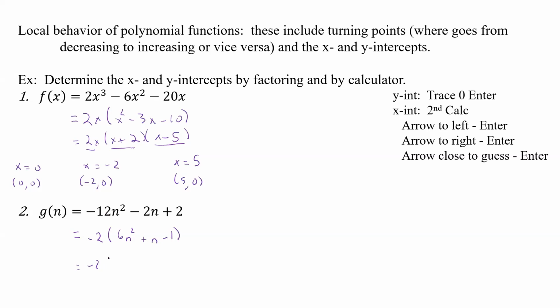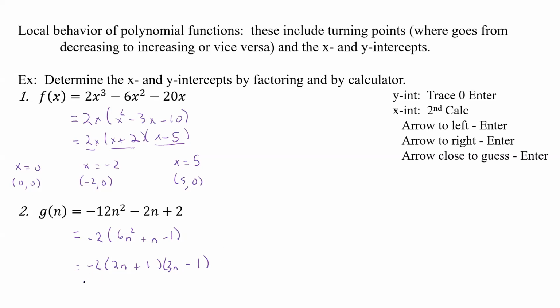Well, that's going to be -2 times, usually I want to factor that into the two different terms, 2n and 3n. Now I want a positive in the middle, so basically the highest one needs to be positive. So I want a +1 and a -1, because if I do that 3 times, that's going to be a +3, and then a -2, then a -n. So that looks like my factored form.